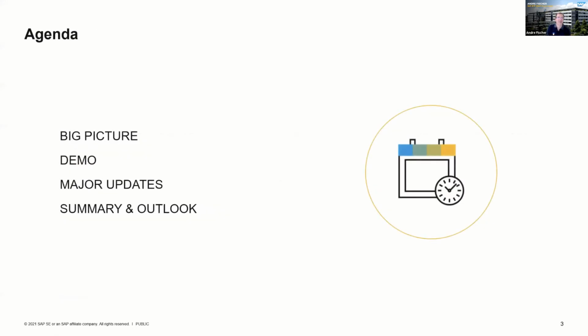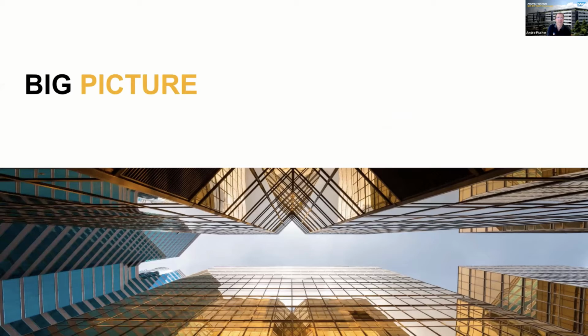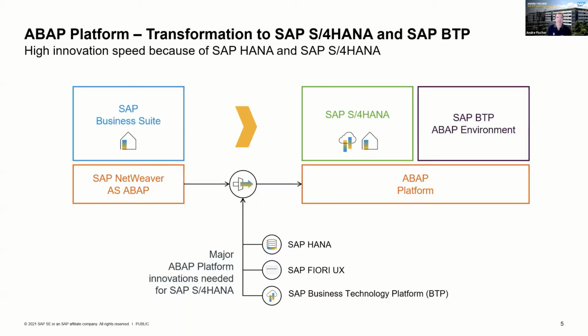I will first explain a bit about the big picture, why we did it, then show in a short demo how such an object looks like, and then some major updates, and give a short summary and outlook.